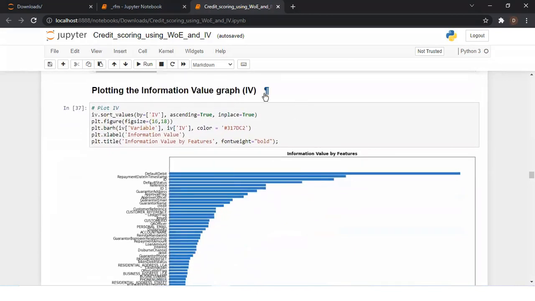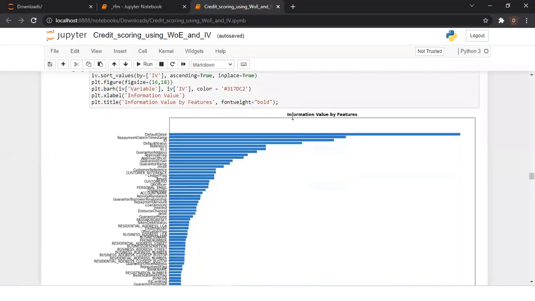This information value graph is of very much importance when we create that credit score model. Now, what is this information value graph? There were around 53 variables in our data set, which was shared with us by the client. Out of those 53 variables, it is not necessary that all the variables will be important in creating that model.